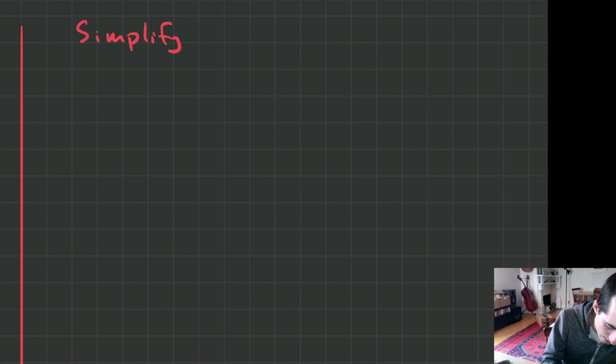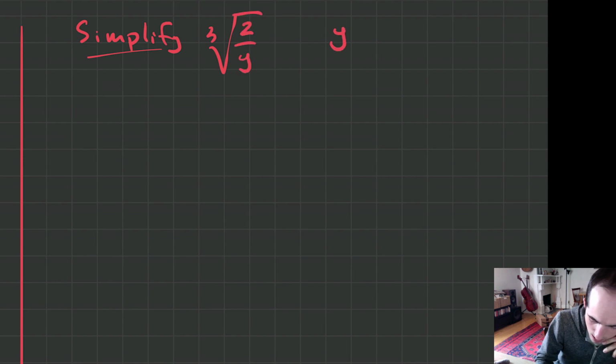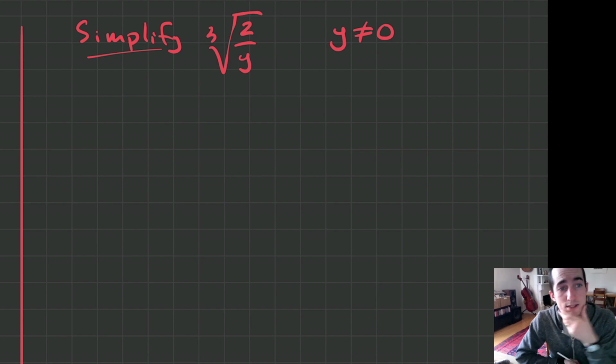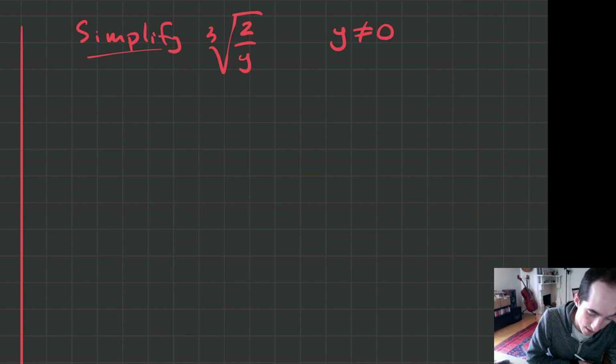Anyway, let's simplify the cube root of 2 over y. And here we're saying that y is non-zero. So I'm going to write it over here.